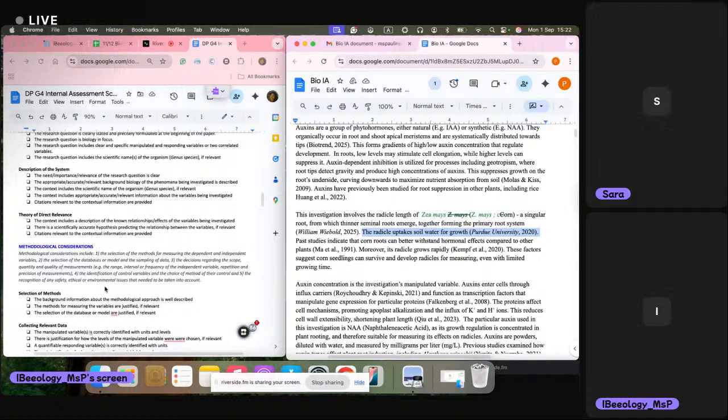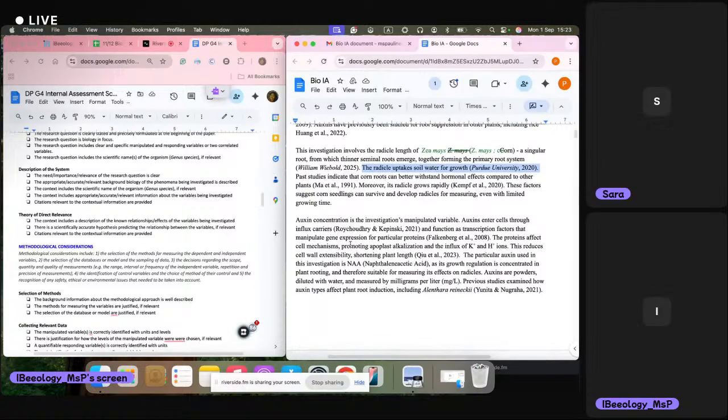All right. It says here the context includes appropriate, relevant information about the variables. Yes, it's accurate. Relevance questionable, right? How about this? It says here auxin concentration is the investigation's manipulated variable. Thank you for letting us know. Auxin enters cells through influx carriers.